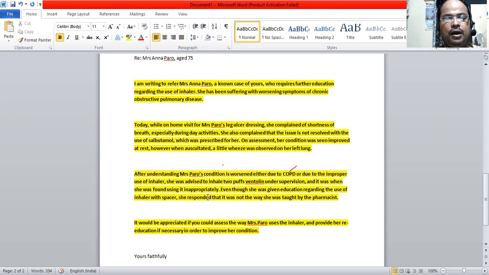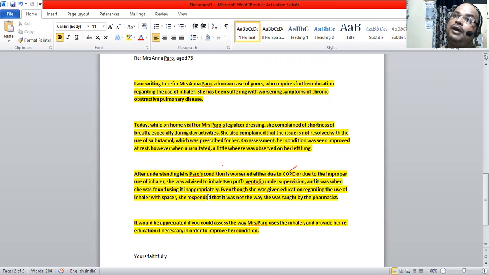When we understood that it may be because of COPD or improper use of the inhaler, we gave her 2 puffs of Ventolin, and we found that she was using the inhaler inappropriately.